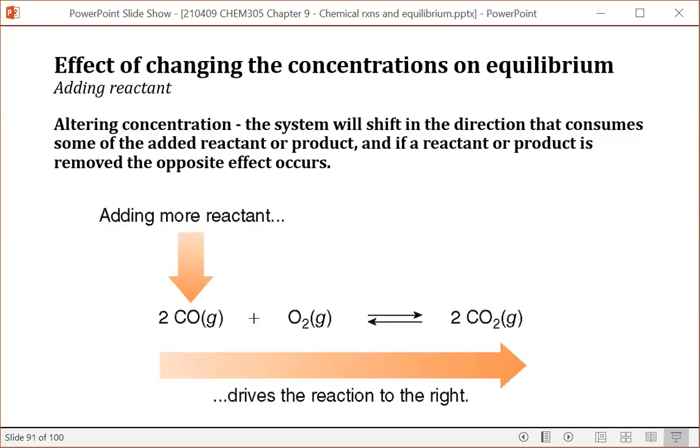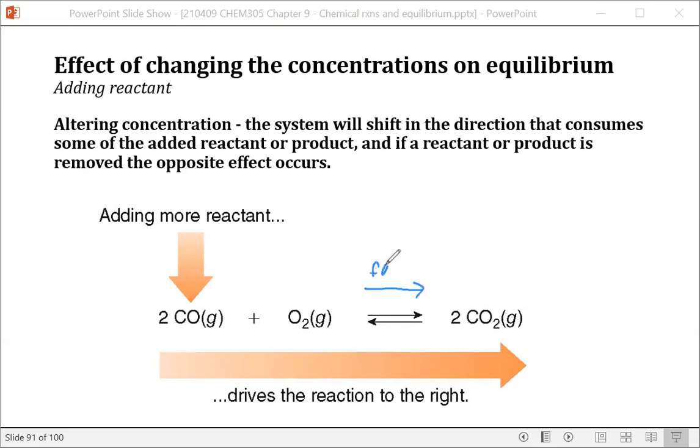So let's talk about concentration first. If we add reactant, for example, Le Chatelier's principle says the system's going to shift in the direction that alleviates or reduces that stress. So if we're adding reactant as our stress, the system is going to shift to get rid of that stress. How it's going to do that is it's going to push the reaction to the right.